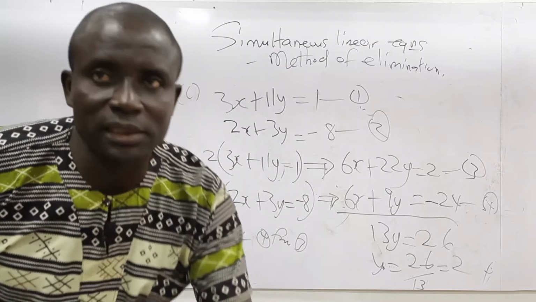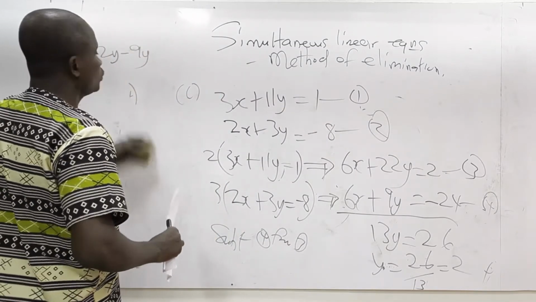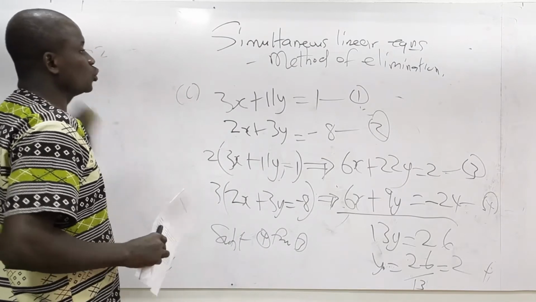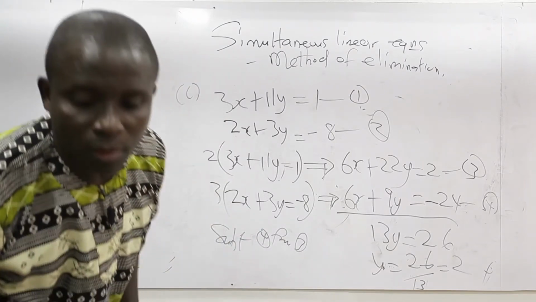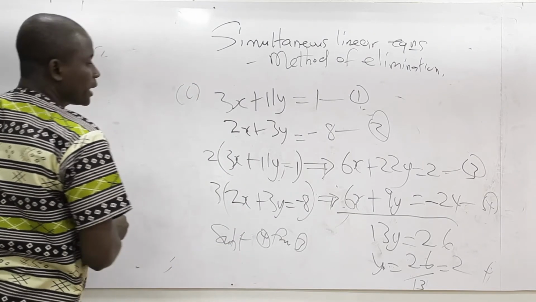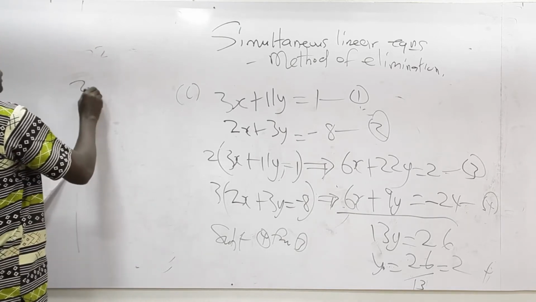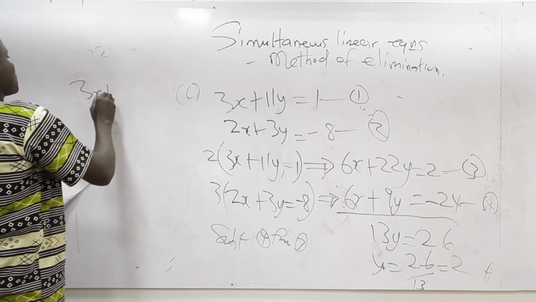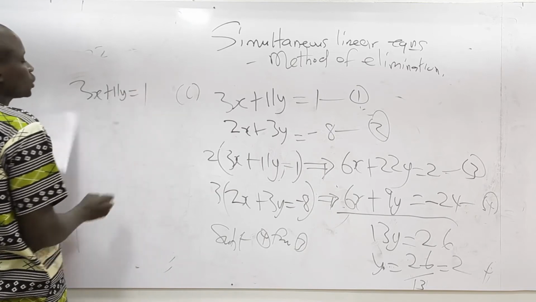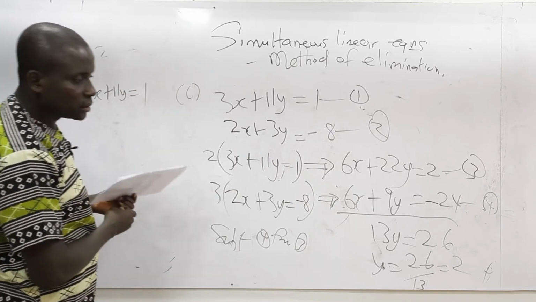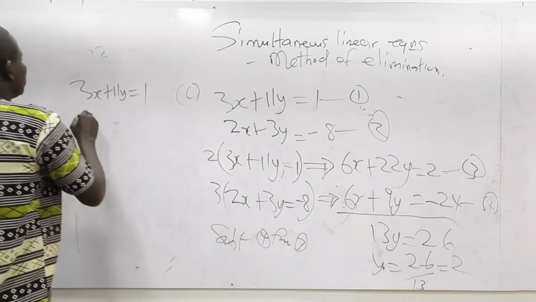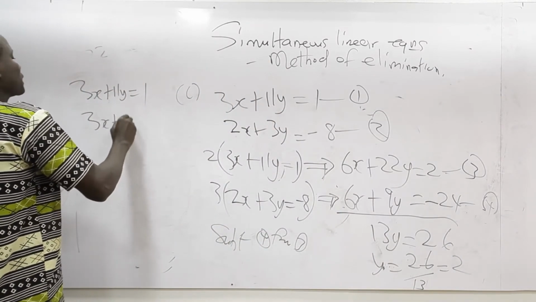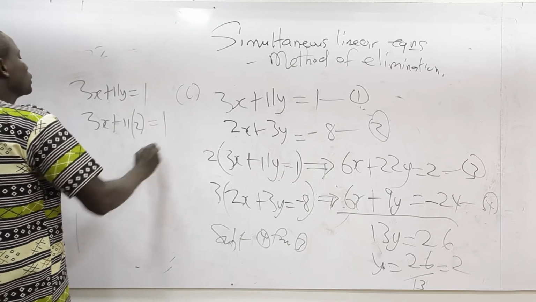After getting y to be equal to 2, then I can put it into any of the equations to find my x. So here I can say 3x plus 11y is equal to 1. And you know y to be what? Y to be 2. So we have 3x plus 11 times 2 is equal to 1.